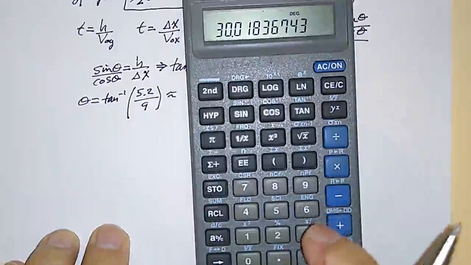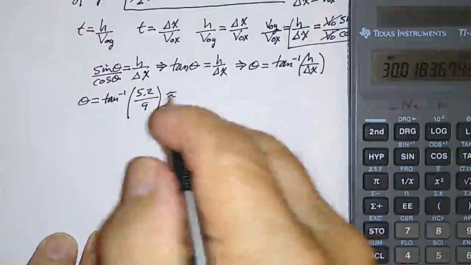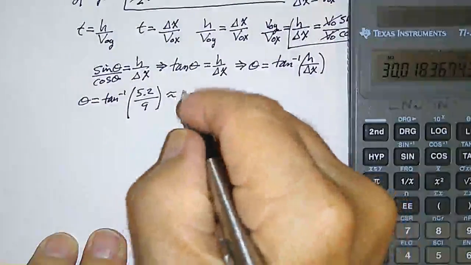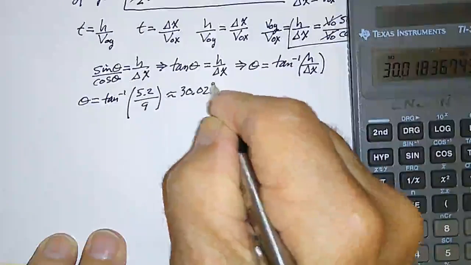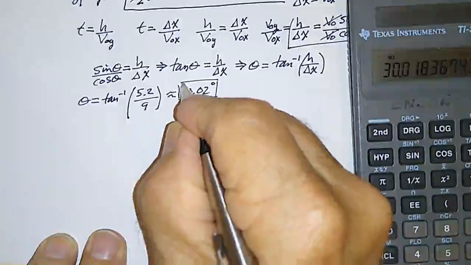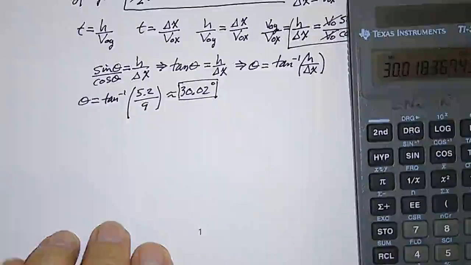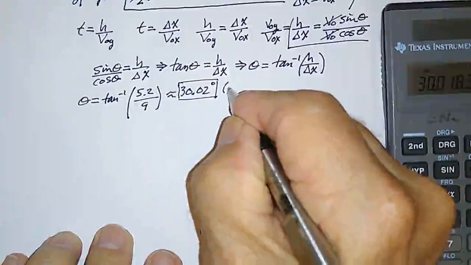So I'm going to store that in one of my memory locations. But it's approximately 30.02 degrees. And that's the first thing that we wanted to find, what is the angle at which you need to aim the banana cannon.